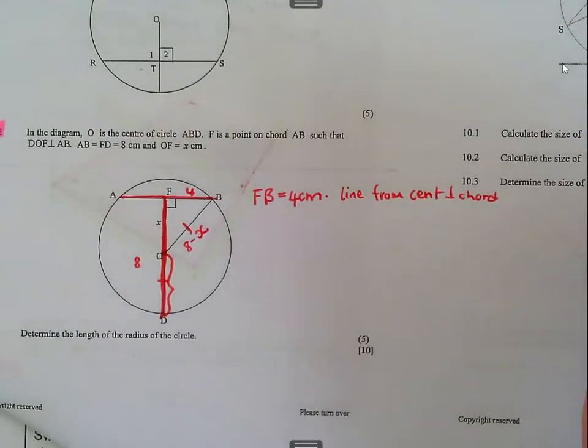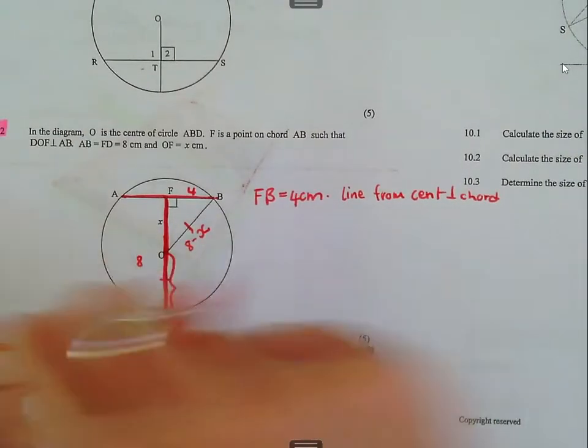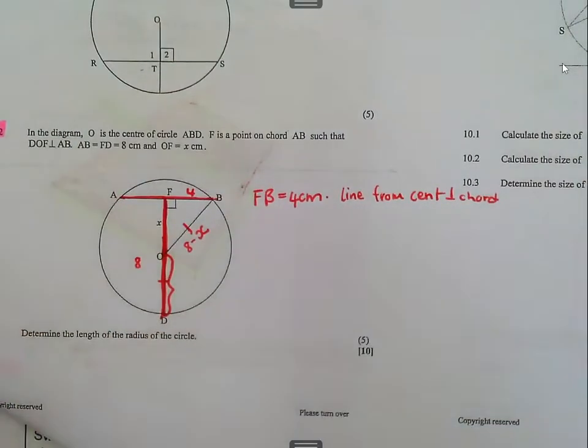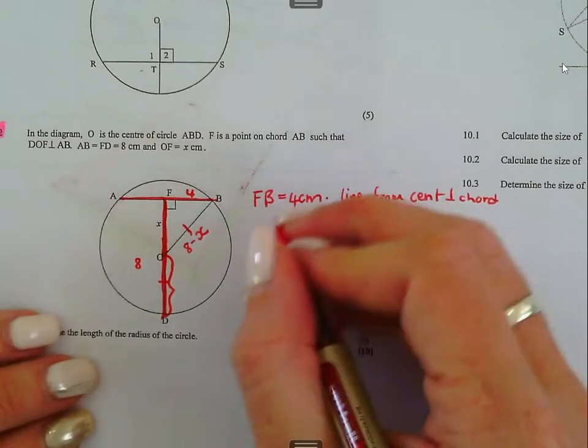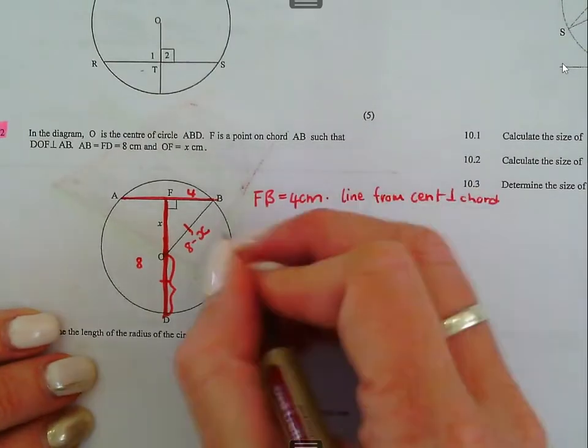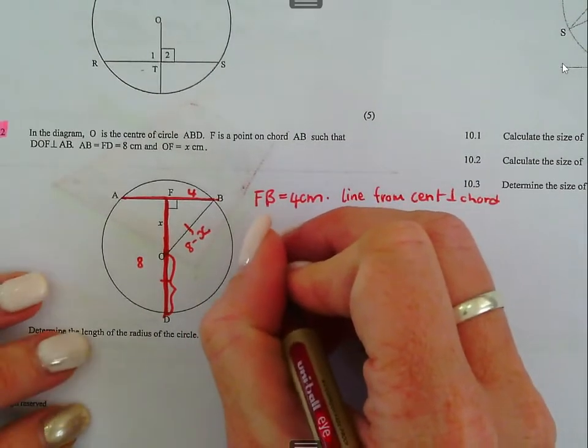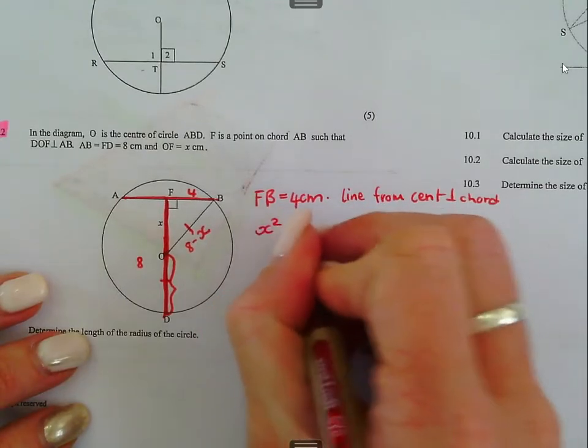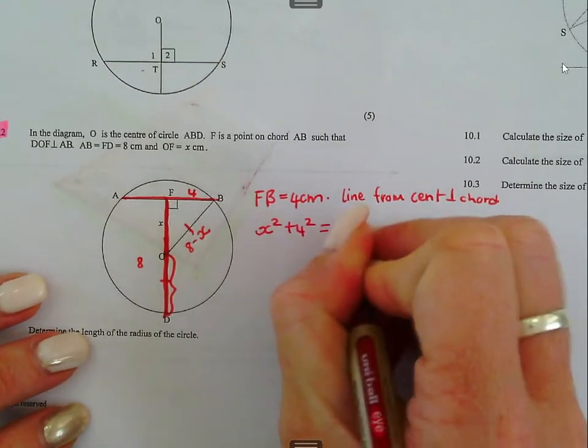Do you all understand that? Sure. It's in the test, I promise you. Not exactly like this, but the same calculations, more or less. Okay, so I can do Pythagoras. X squared plus 4 squared is equal to 8 minus x squared.